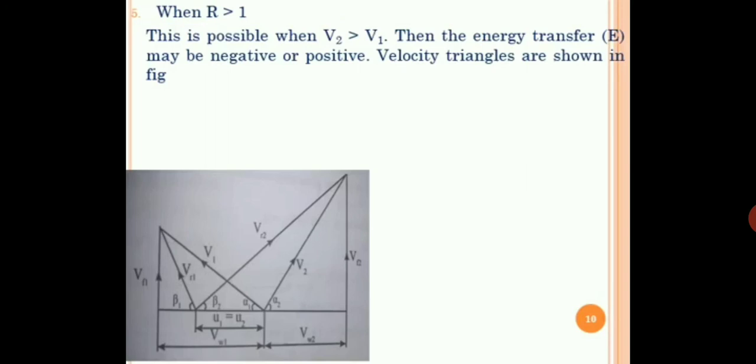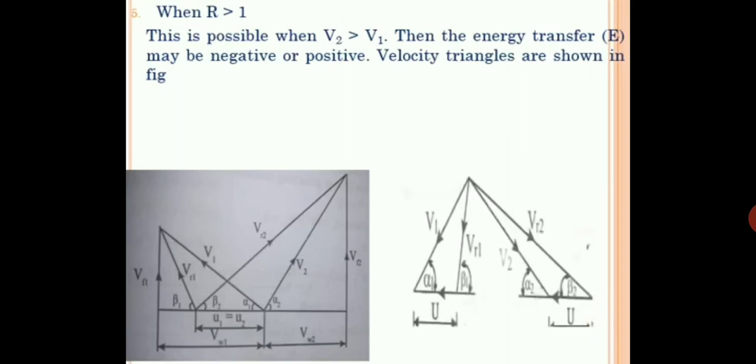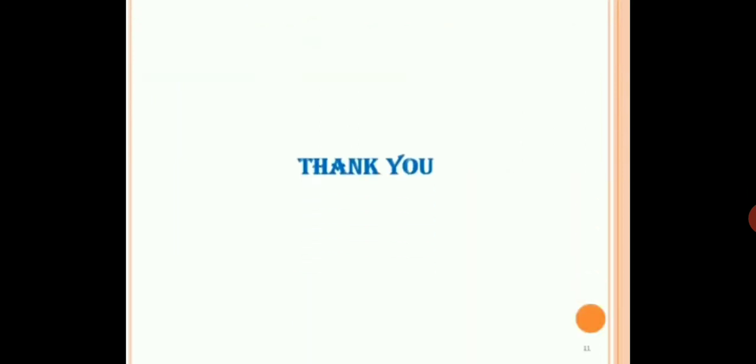Then the energy transfer may be negative or positive. This is the velocity triangle when the degree of reaction is greater than 1. These are the details regarding the different velocity triangles for the various values of degree of reaction.